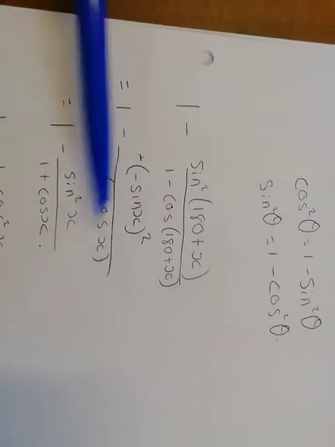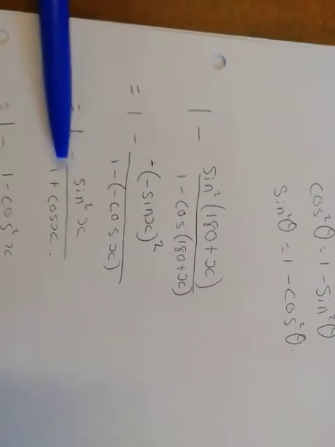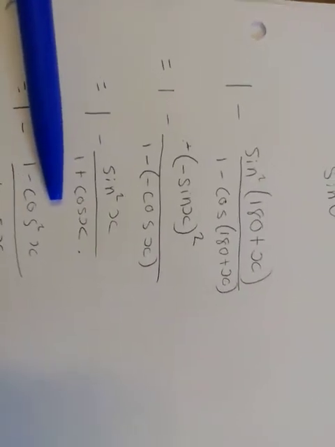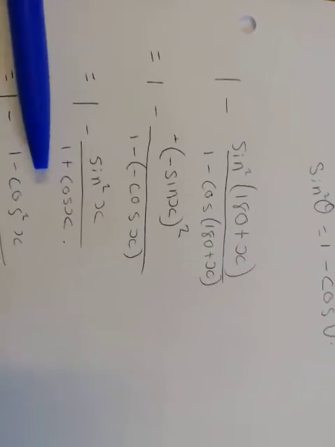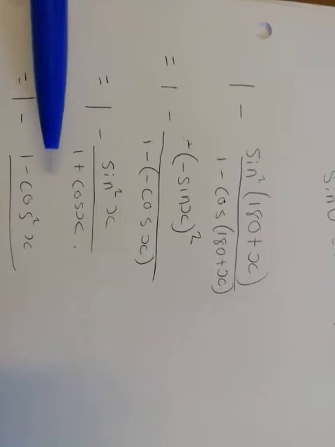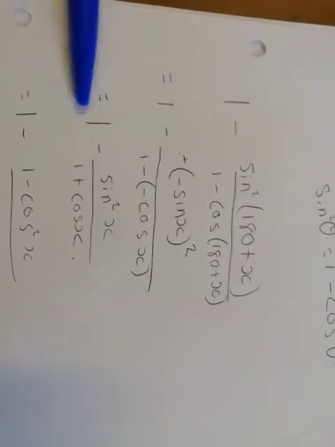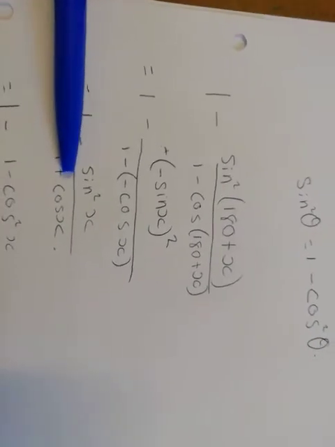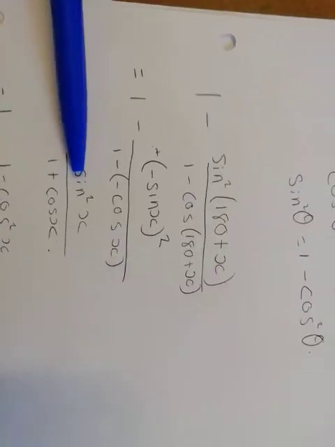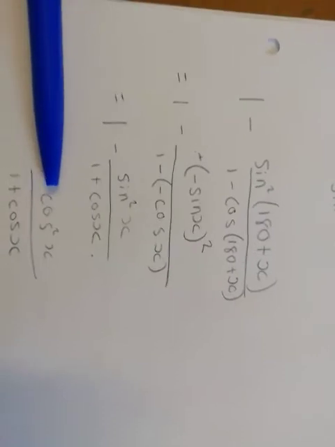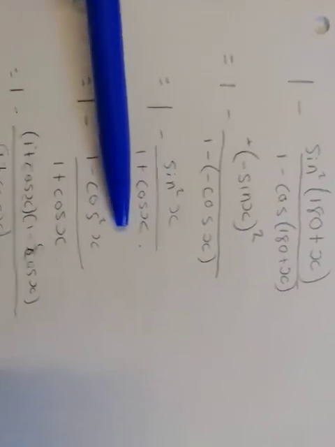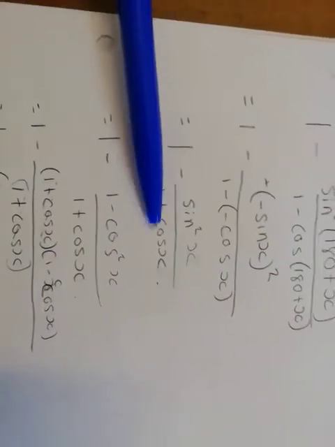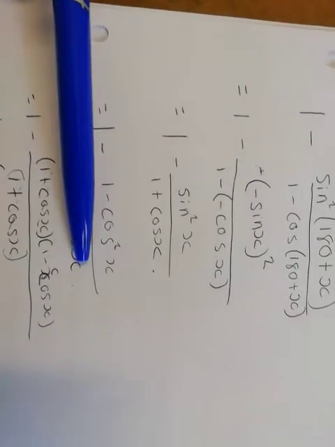From there, you simplify first to have 1 plus cos x only, and then you go further and check what you can do. 1 stays the same for now, minus sine squared you can rewrite as 1 minus cos squared x, and 1 plus cos x can stay the same.